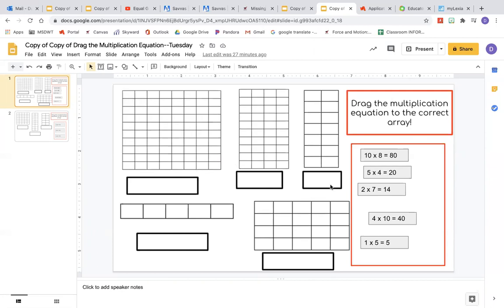An easy way to figure out, okay, let's count first. How many do I have going down? Count for me. And then send me a chat. How many do I have going down in this array? Or how many rows do I have?